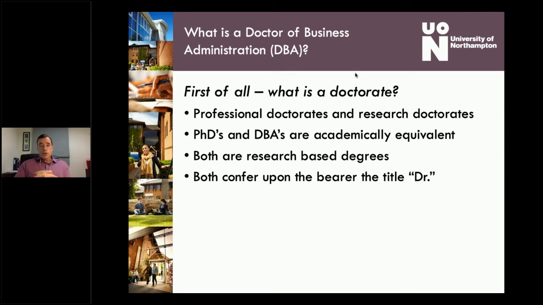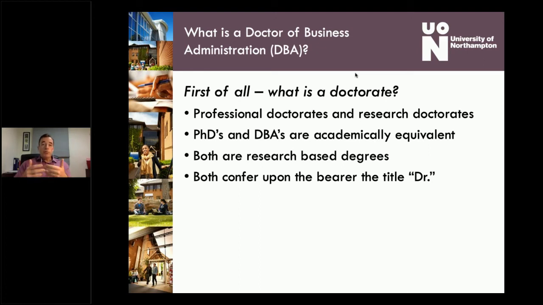Then the other type of doctorate is the research doctorate, and these are for people who are essentially conducting research and new knowledge. And the most common type of research doctorate is the PhD, which you may have heard of. So we have two different types of doctorates. Of course, the DBA, the Doctorate of Business Administration, is a professional doctorate.